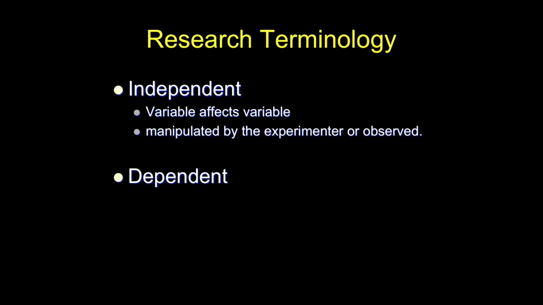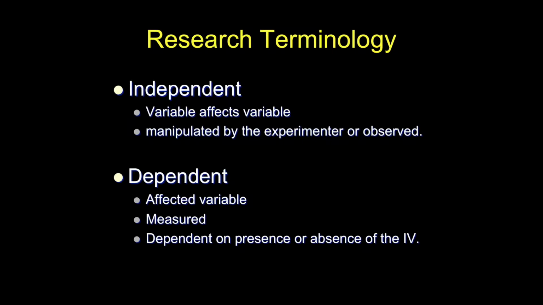And speaking of measuring and outcome measures, the variable that you're measuring is what we call the dependent variable. It's affected by the independent variable. So this is the variable that you're actually measuring. So if you're looking at administering amino acids to a group of individuals and you want to see if they get increases in muscle mass, the muscle mass is the dependent variable.